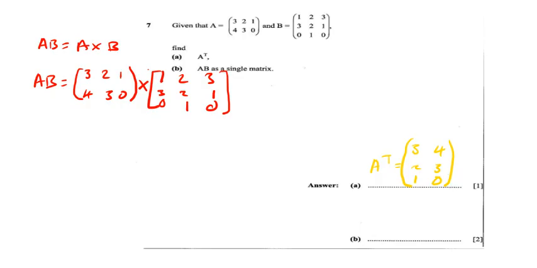So when we multiply this, you understand that a row is multiplied by a column, right? So these are rows and these are columns. So you multiply by that.